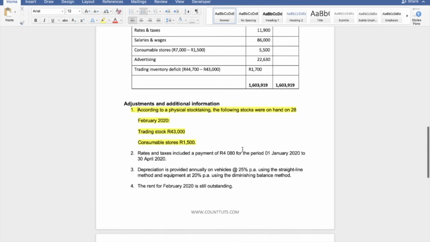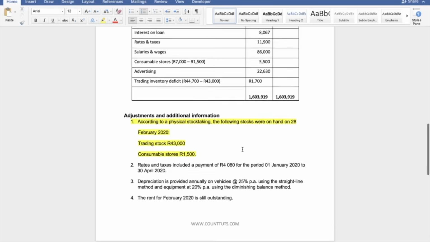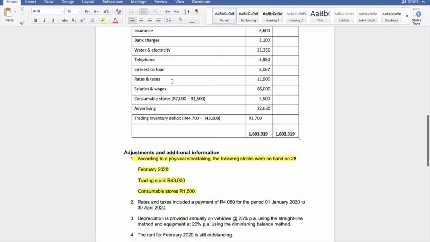So we need to calculate how much that is and remove it from the rates and taxes expense. So if you go up here, you can see under the nominal account section, because it's an expense, rates and taxes is 11,900 rand. So we have to remove the amount we have paid for the 2 extra months. So it's going to be the 11,900 rand in our pre-adjustment trial balance minus the amount that we have paid for the 2 extra months.